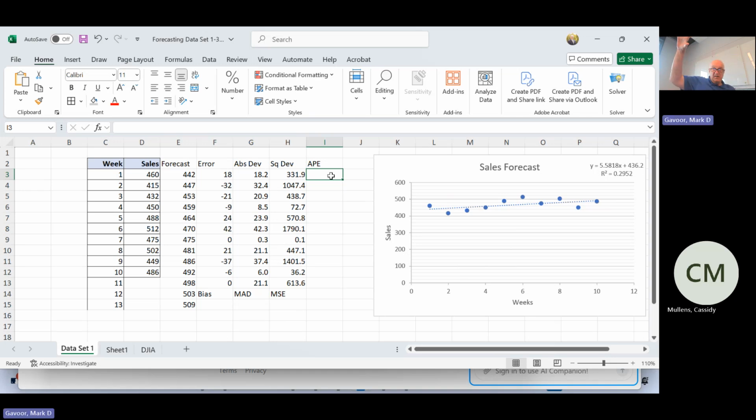What if one company's sales were in millions of units and your other division only made thousands of units? The MAD tells you how many units are off. The one that's thousands of units average sales, their MAD is going to be higher, right?